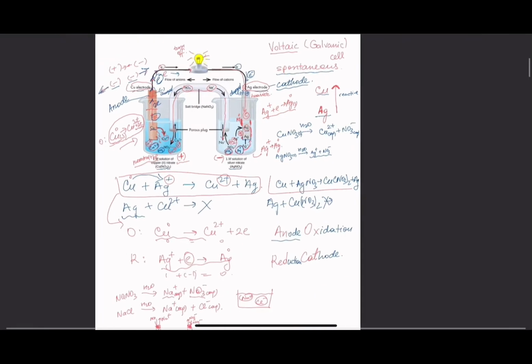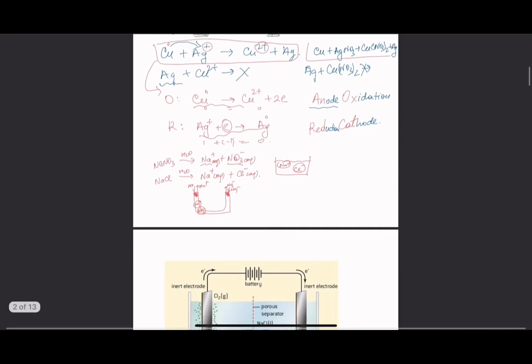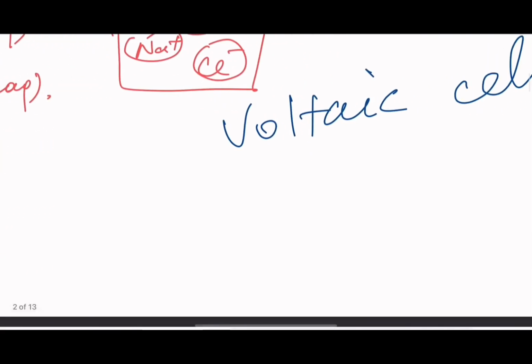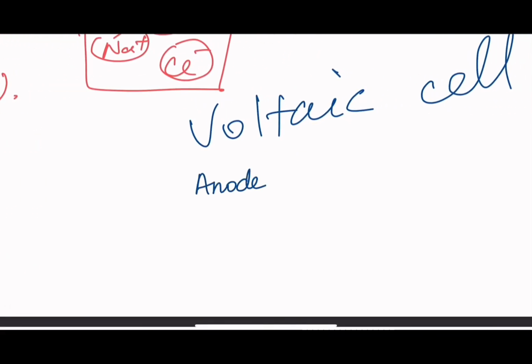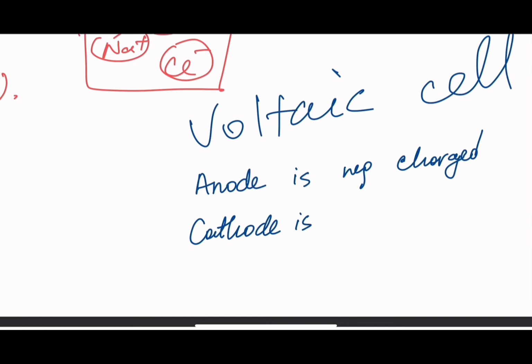Okay, so as a summary, if we write it down, in a voltaic cell, the anode is negatively charged and the cathode is positively charged.